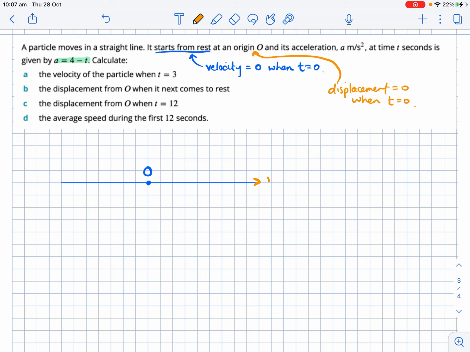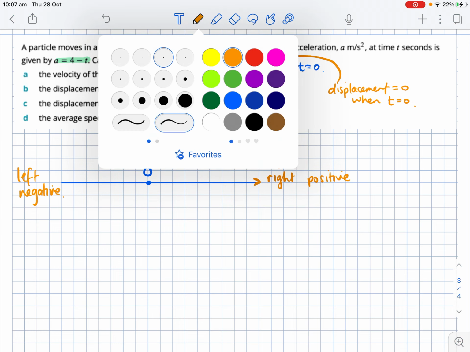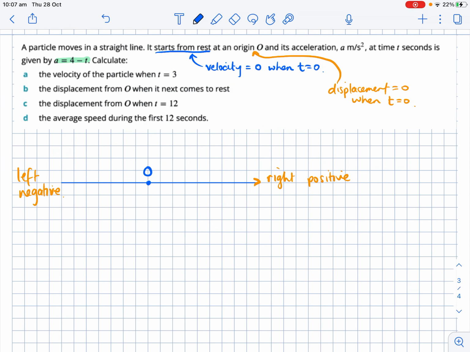Okay, now it doesn't tell me right or left, some questions do, but I'm going to assume that this is to the right and that's positive, and this one is to the left and that's negative. So if the displacement is negative, then that means it's on the left hand side of the origin. If its displacement is positive, then it's on the right hand side of the origin.